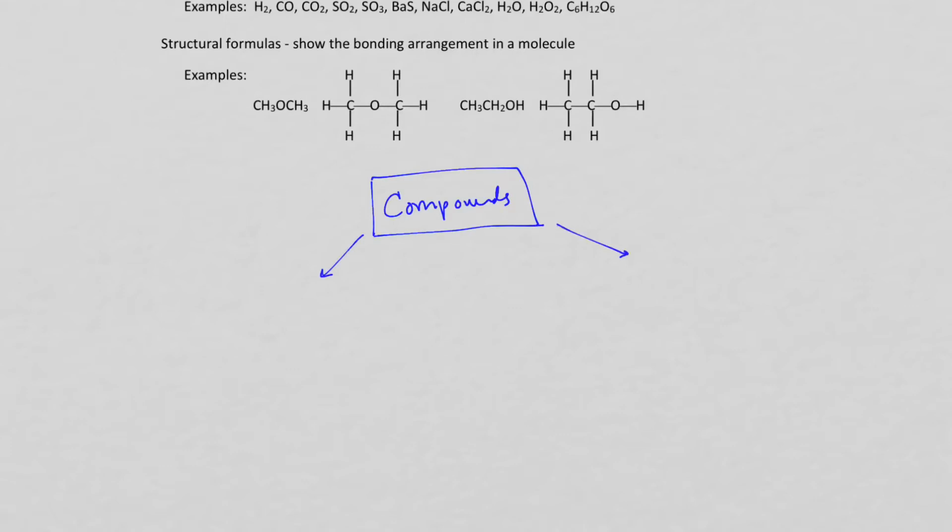There are two types of compounds: ionic and molecular. Ionic is a metal plus one or more nonmetals. Molecular compounds are all nonmetals.